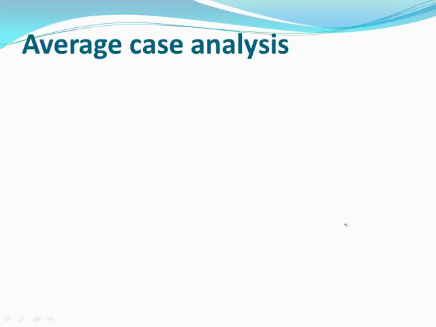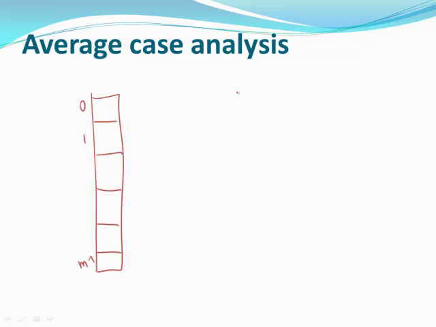So in terms of average case analysis, ideally if you have a table of size m, and you have n keys that you like to store in here, we like to have n over m keys per chain.